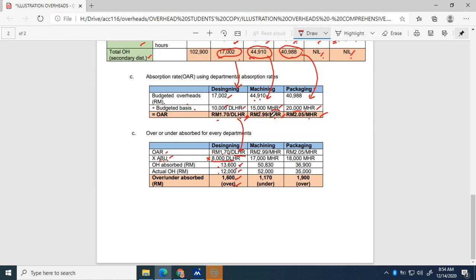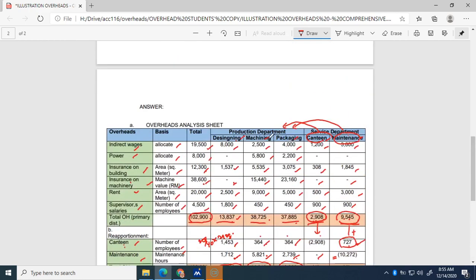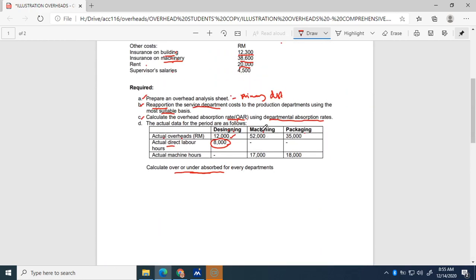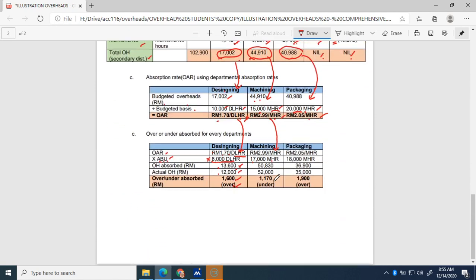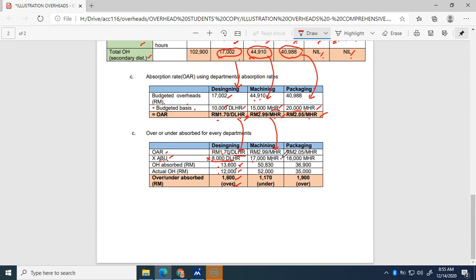Refer to machining. OAR is 2.99 per machine hour. To get overhead absorbed, multiply with the actual basis used, which means actual machine hours for machining. If there are labor hours, don't take the labor hours, take the machine hours because OAR is per machine hour. So multiply by the machine hours, 17,000.